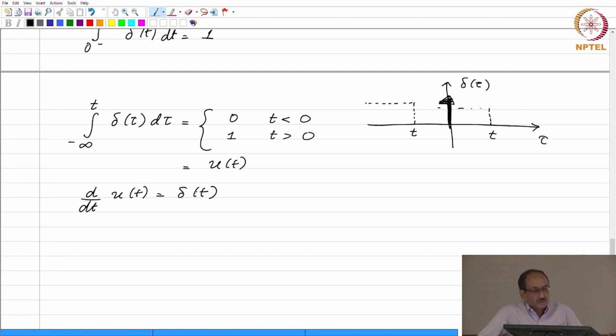Yeah, so this doesn't define what u of t is at t equal to 0, but so why is that a problem? Oh, you mean you are now asking whether this follows. So why is this? Yeah, so it not being defined at t equal to 0 is not an issue really. And to go from here to here, what are you invoking?